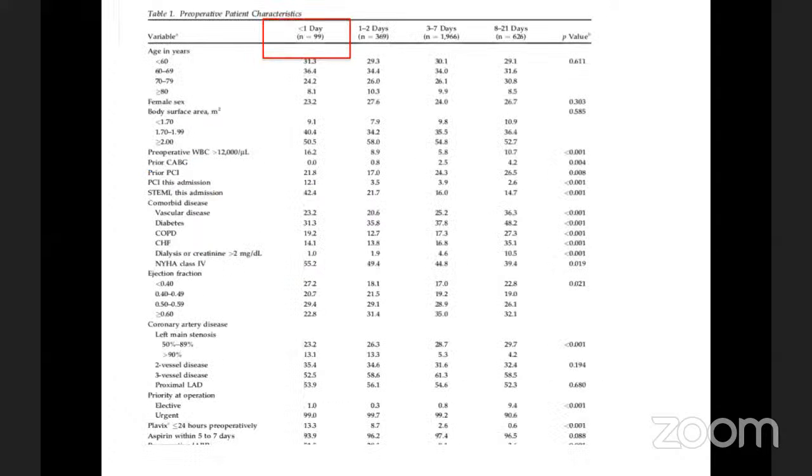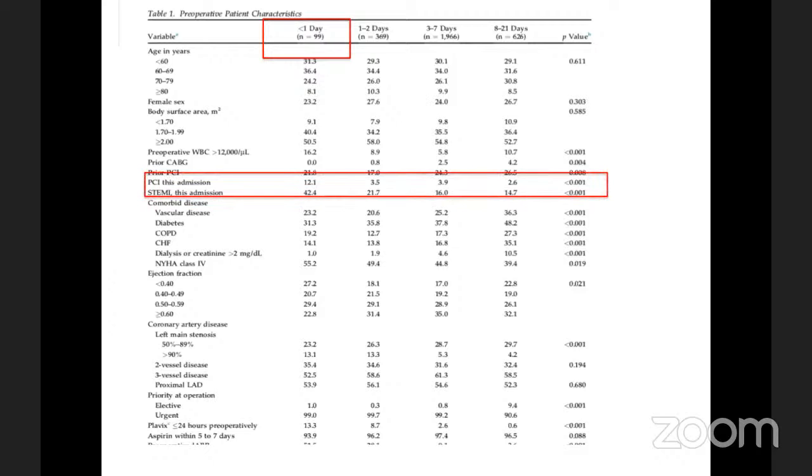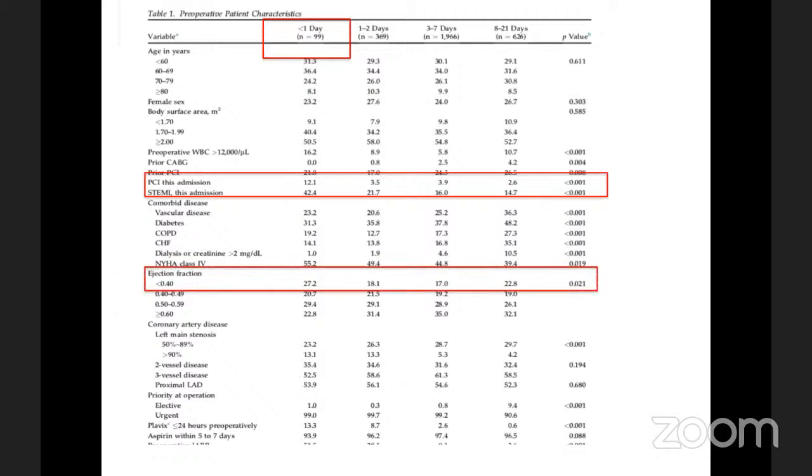On the patient characteristics of this study, group 1, within less than 1 day, is more likely to have NSTEMI or STEMI, and more likely to have ejection fraction less than 40 compared to the other groups. Even left main stenosis more than 90 is more common than in the other groups.